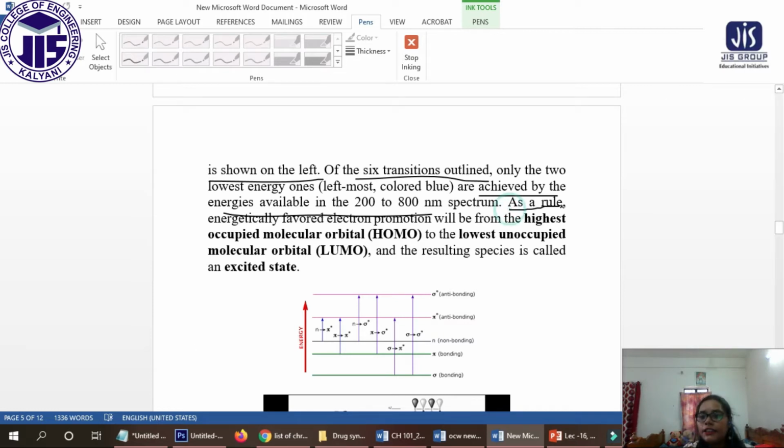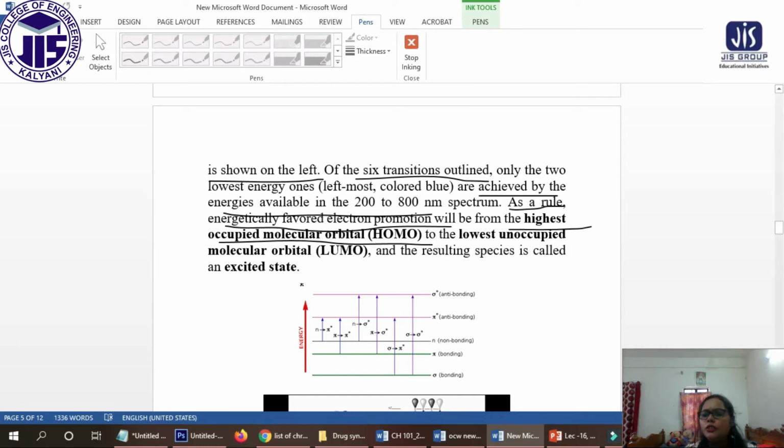Okay, as a rule, the energetically favored electron promotion will be from the highest occupied molecular orbital, that is called the HOMO. Okay, so molecular orbitals have different energy levels.